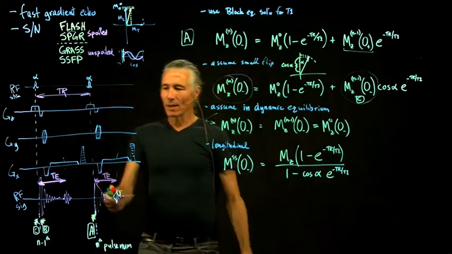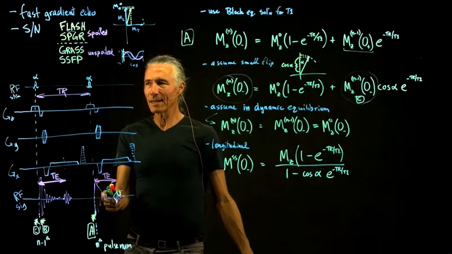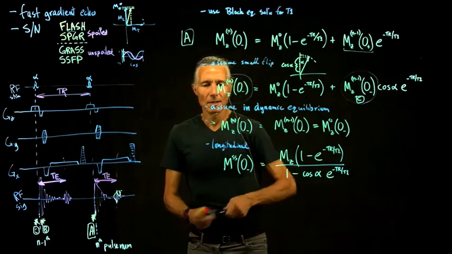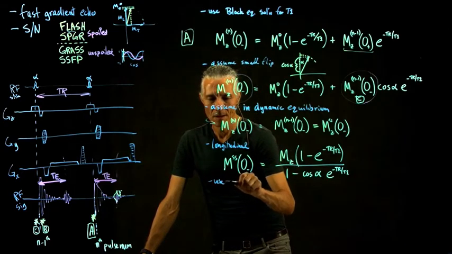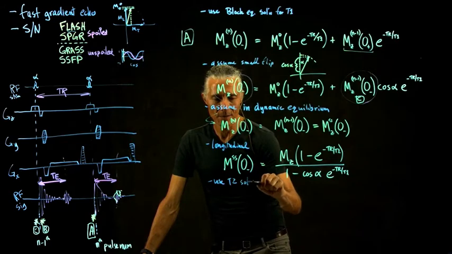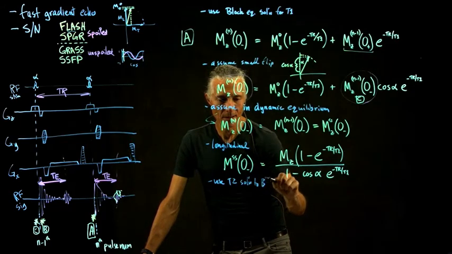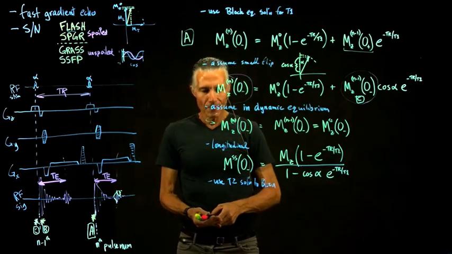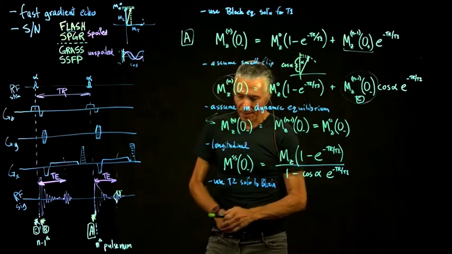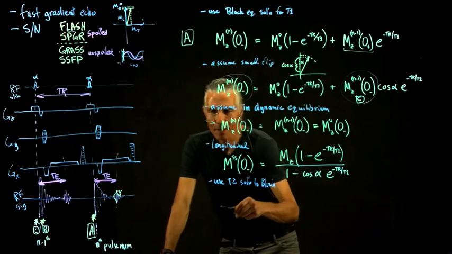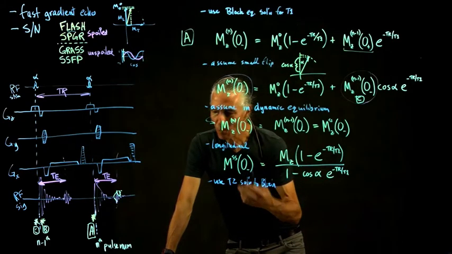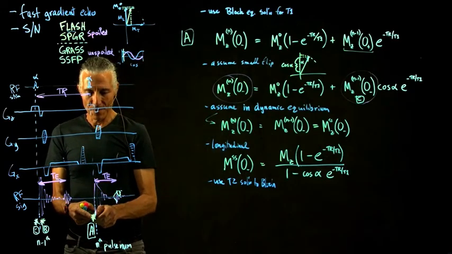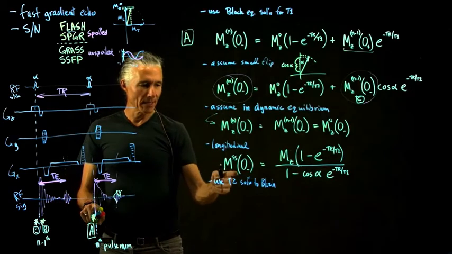And since we will have generated transverse magnetization, it's going to be decaying with T2, and so we have to use the T2 solution to the Bloch equation. If we do that, what we end up with is the amount of XY magnetization. We had some amount of longitudinal, that's this guy.